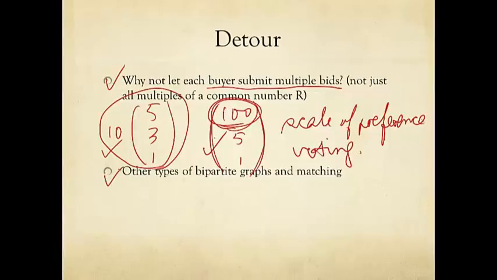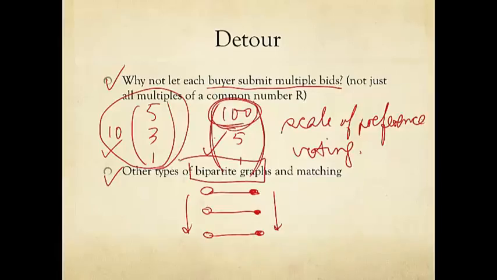The second question is, we had a bipartite graph, right? 3 white dots representing 3 bidders, 3 black dots representing 3 ad spaces. If you arrange them by R and C respectively in descending order, then GSP's matching is a simple straight line. In general, we have other kinds of bipartite graphs. What kind of graphs are bipartite? It means that all the nodes can be grouped into left and right. They don't have to have the same size. It could be 3 on the left, 5 on the right.